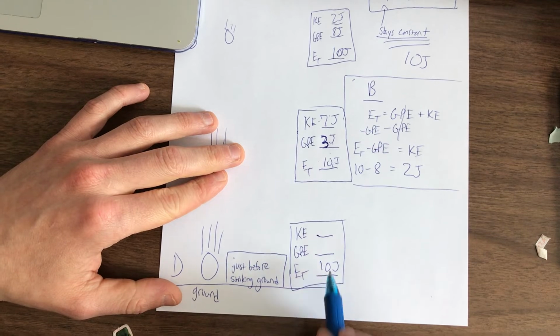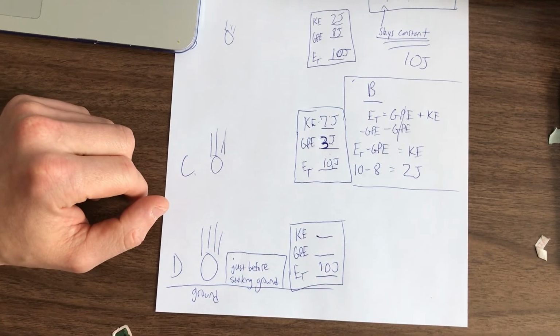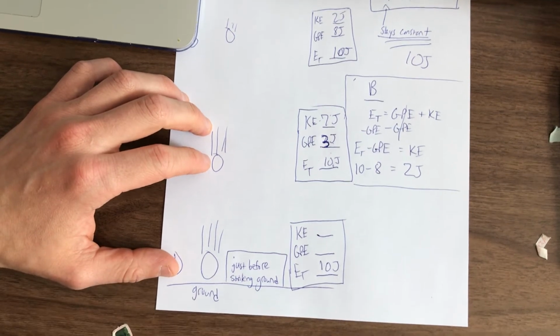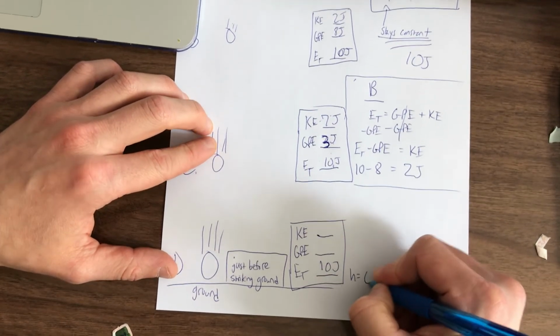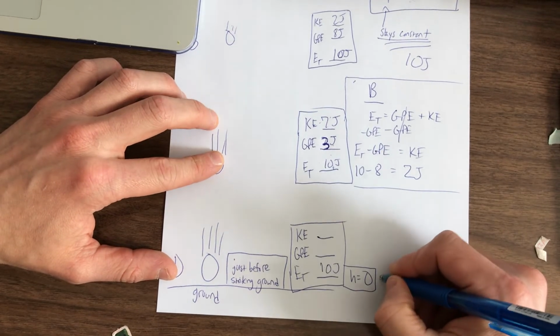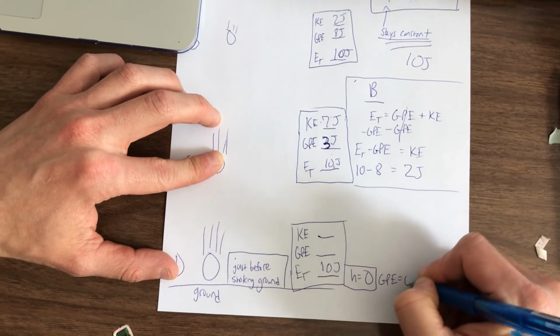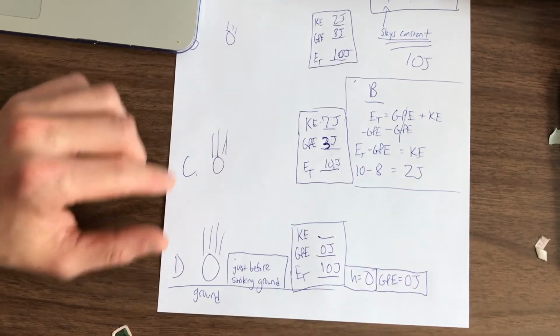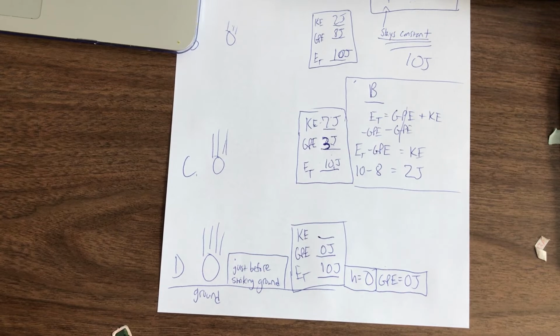Now for letter D, we have 2 missing blanks. All right? But because it's just before striking the ground, we could assume that the height of that position is 0. And that means that the GPE is, since it's very low to the ground, the GPE is going to be 0 because it has no height at all, basically.